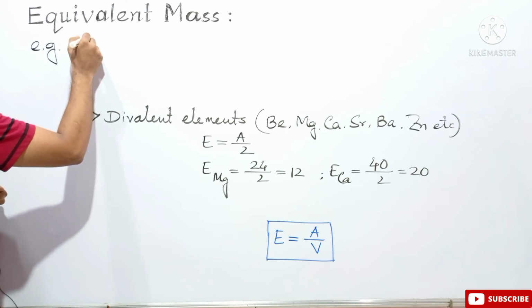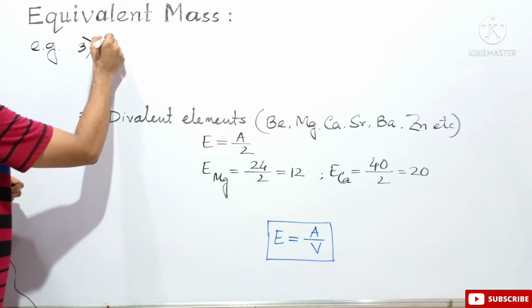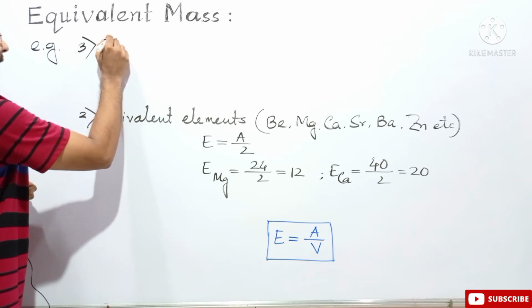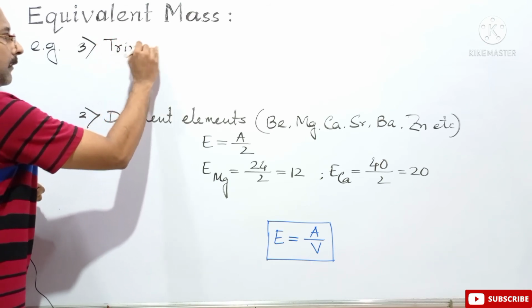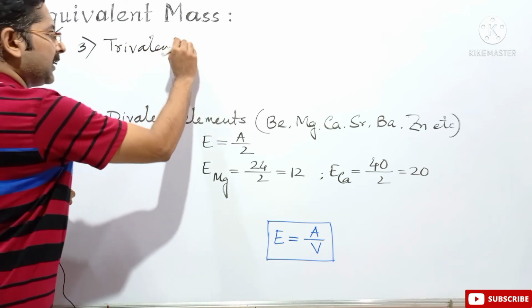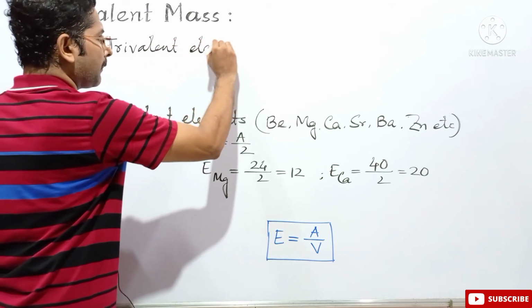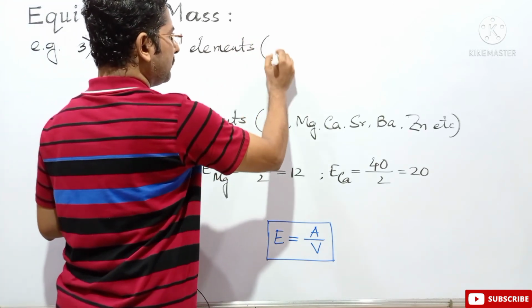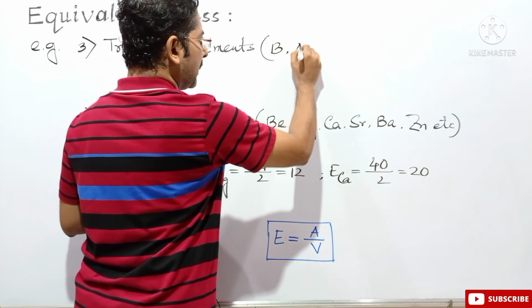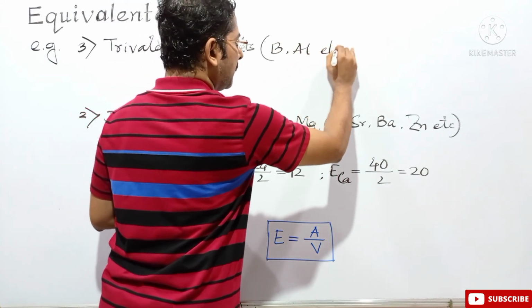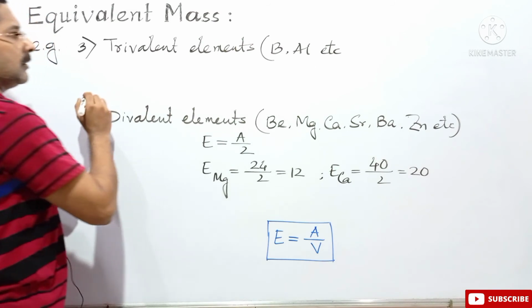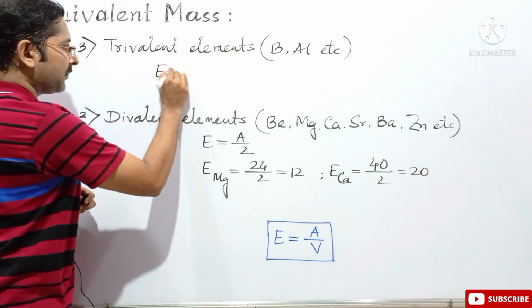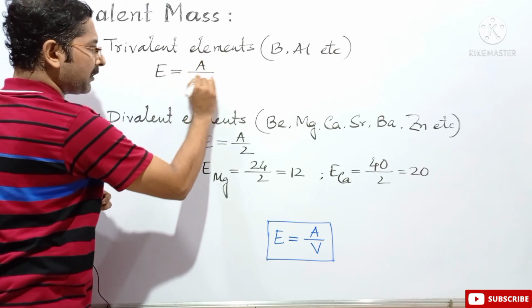Number 3, for trivalent elements like boron, aluminium, etc., equivalent mass is equal to atomic mass by 3.